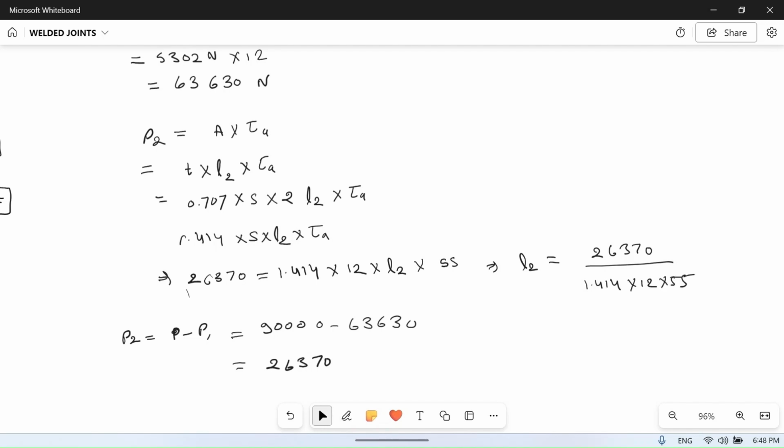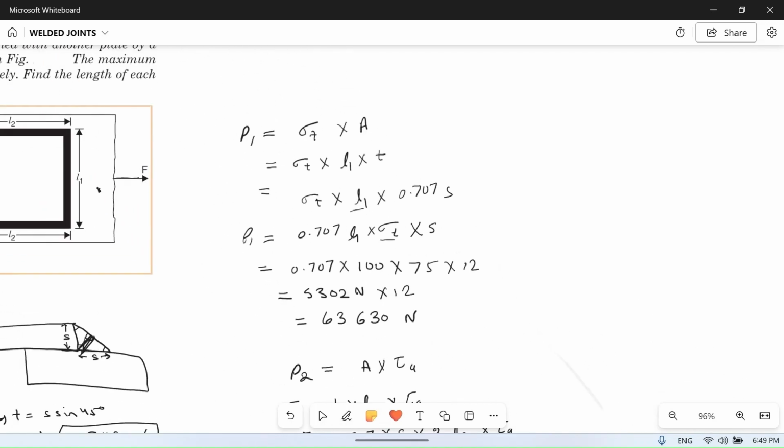If you calculate it, you will get 28.25 mm. So this is the length of the parallel fillet weld.